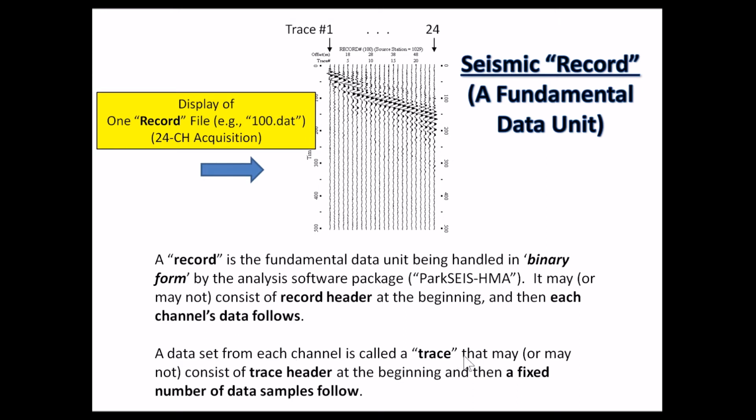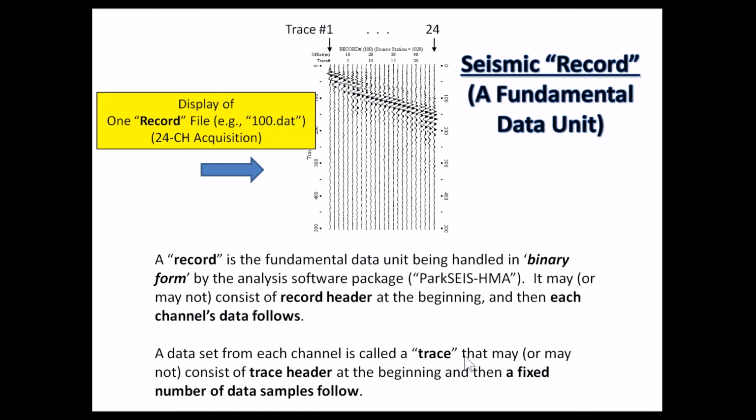Each trace element may or may not have its own trace header at the beginning. The current version of ParkSeis uses its own trace header, and the proposed format will also use a trace header as well. After that trace header will come a fixed number of data samples.